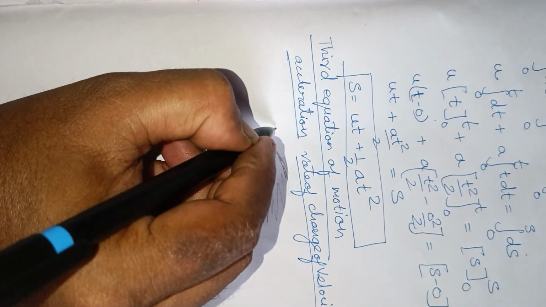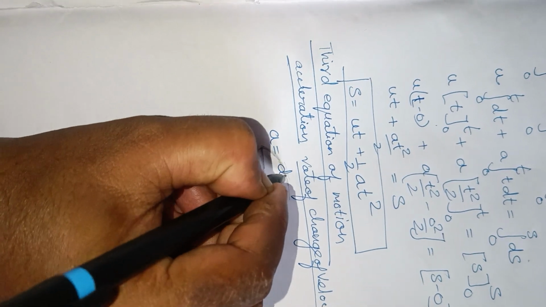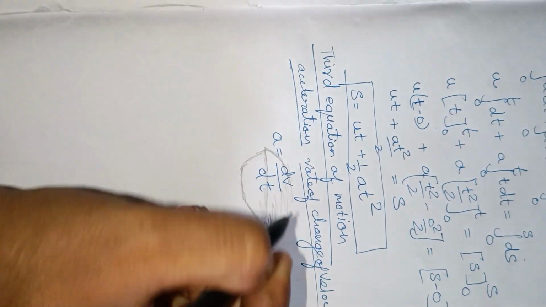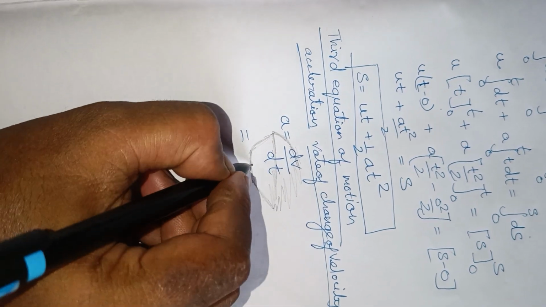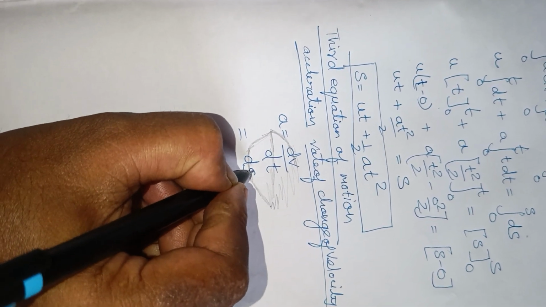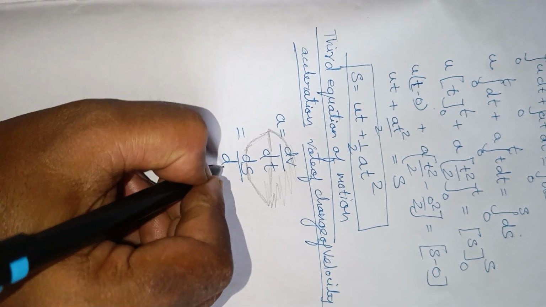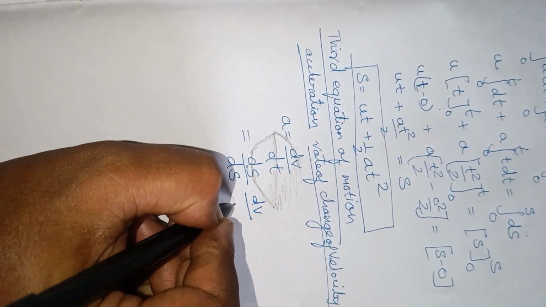Rate of change of velocity is called acceleration. So we will write it as a equals dv by dt. We can also write it by multiplying and dividing by ds on both sides, so ds by ds into dv by dt.